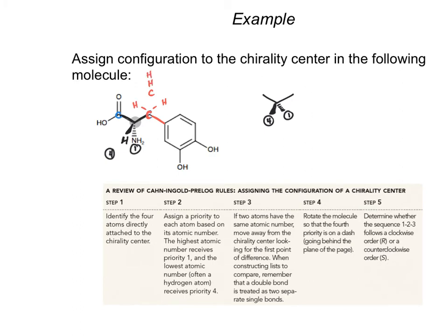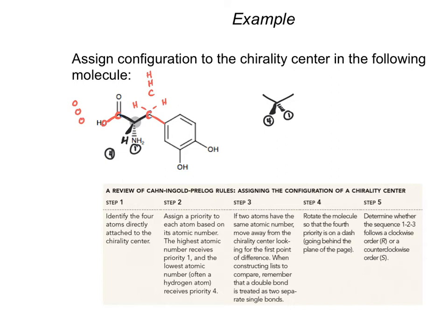If we go over here, we've got a double bond to an oxygen, which counts as 2 O's, so O, O, and then this one is another O. Just the atom, not who the other thing is attached to.